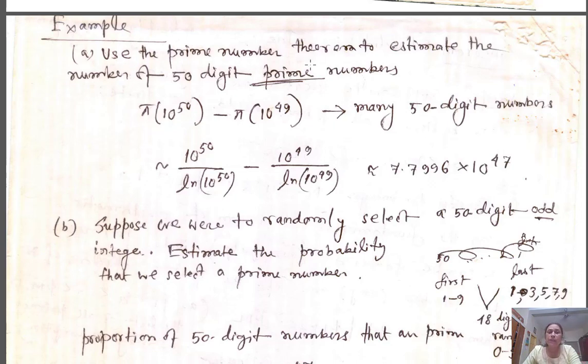So using this prime number theorem, how do we estimate the number of 50-digit prime numbers?